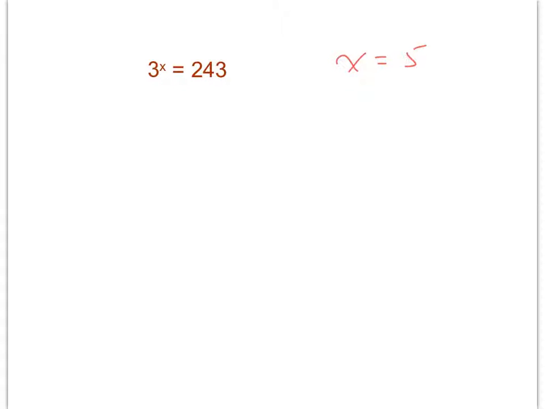But let's pretend that we didn't see that. How do I solve an exponential equation? I take the log of both sides. This is going to equal log of 3 to the x is equal to log of 243. Notice I took the common log of both sides because that button is on my calculator.